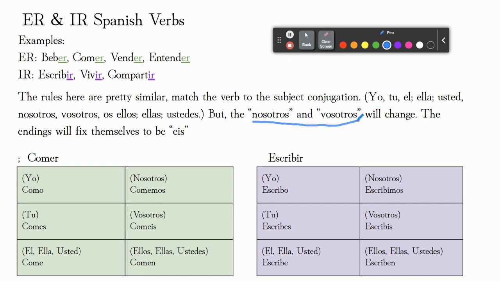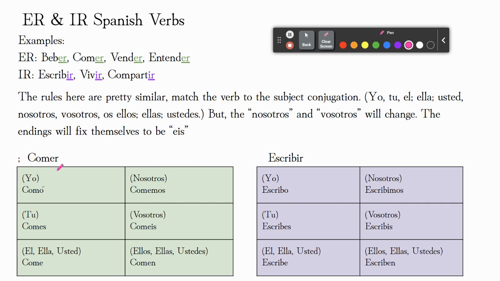Except the nosotros and vosotros will have a different ending, whether it's EIS, or just IS. So here we have one ER example, and one IR example. Comer is our ER example, and escribir is our IR example.